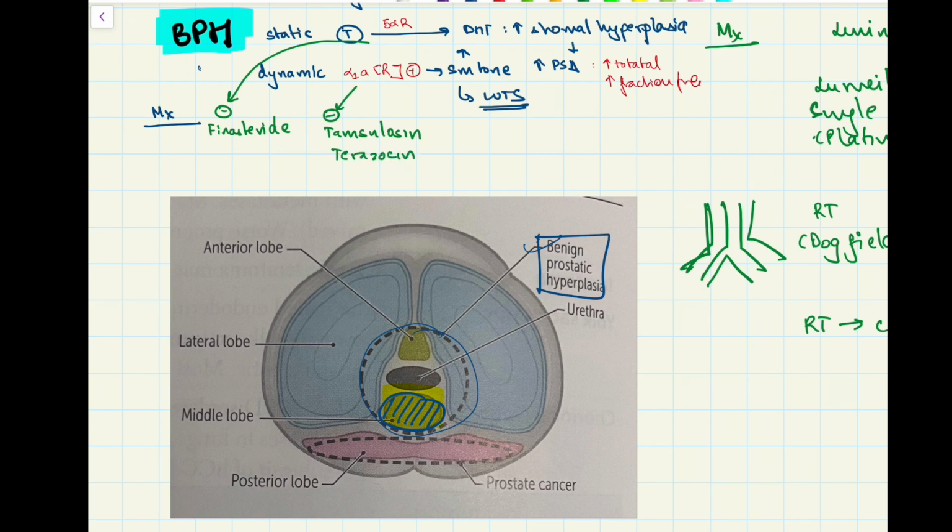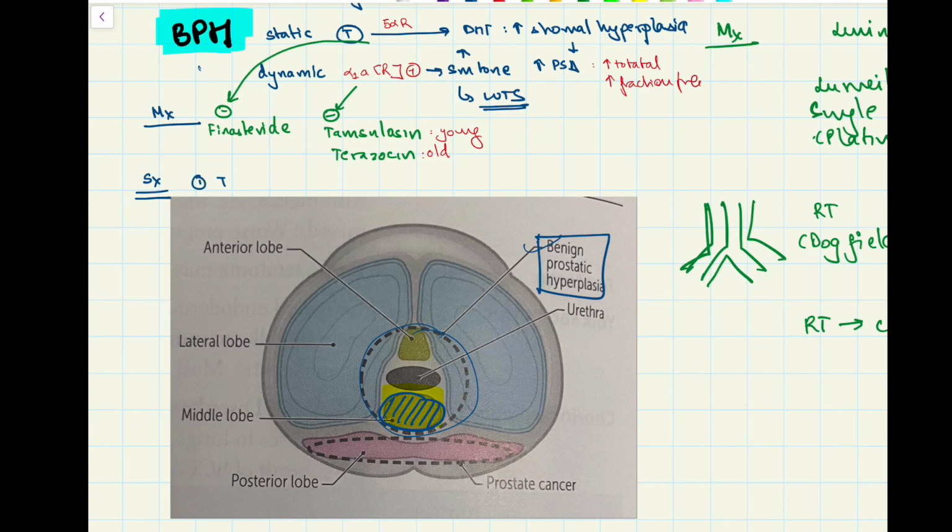Terazosin is preferred in older patients where BPH is present with hypertension, while tamsulosin is given in younger patients. If the size is more or the symptoms are not relieved by giving the medical management, then surgical procedures are done. So what are the surgical procedures?